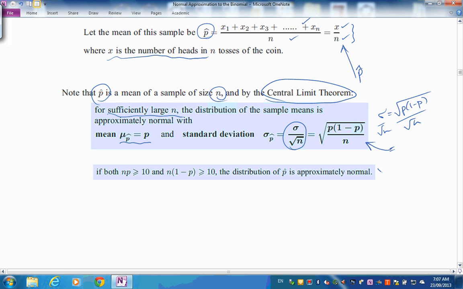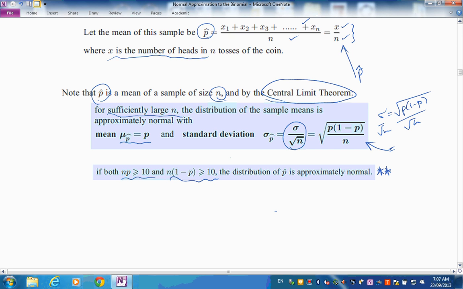Okay, and again we have to make sure n is sufficiently large there, and the rule of thumb that we can use again is this, because if that's true, then the original population will be normally distributed, and if we take means from that, then that will be normally distributed as well.